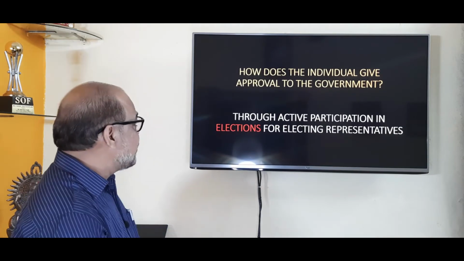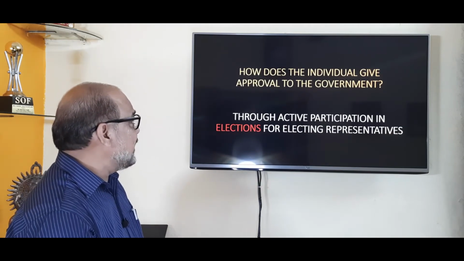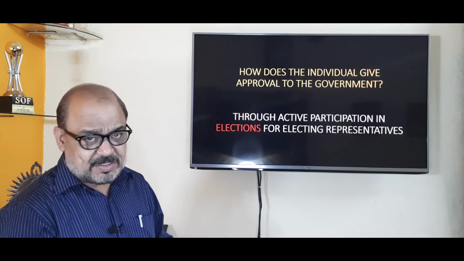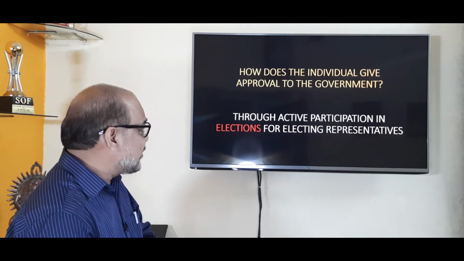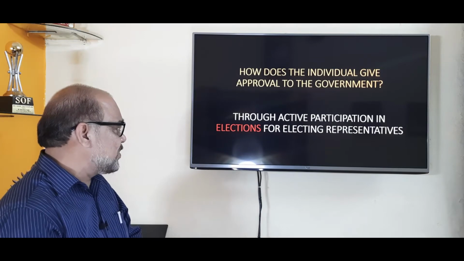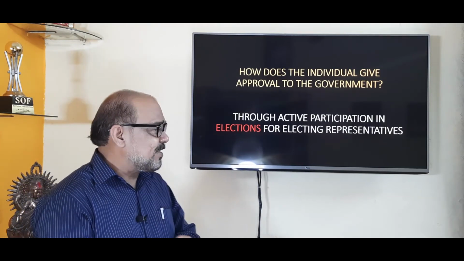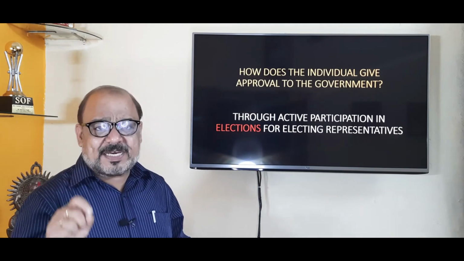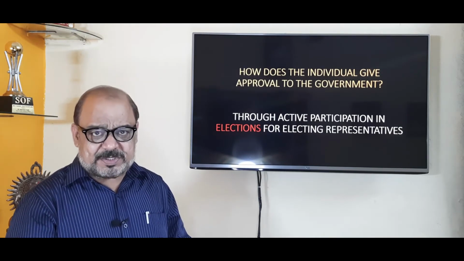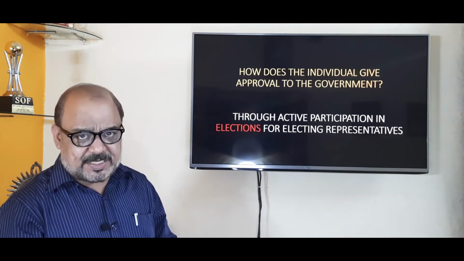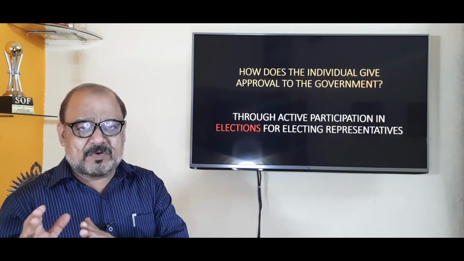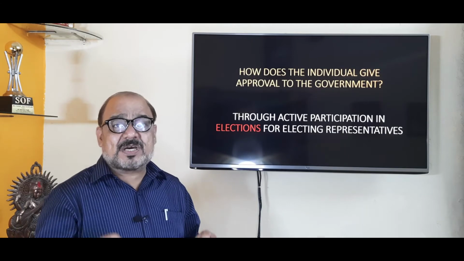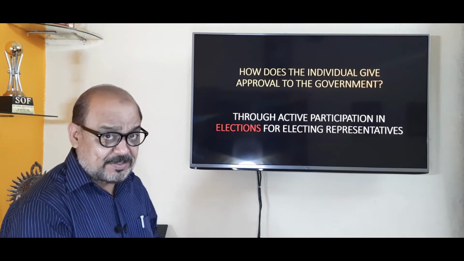Now, how does the individual give approval to the government? This is the question. And the answer is through active participation in elections for electing representatives. If people actively exercise their right to vote, the universal adult franchise, that is having one person, one vote, one value, then the democratic values are automatically strengthened.